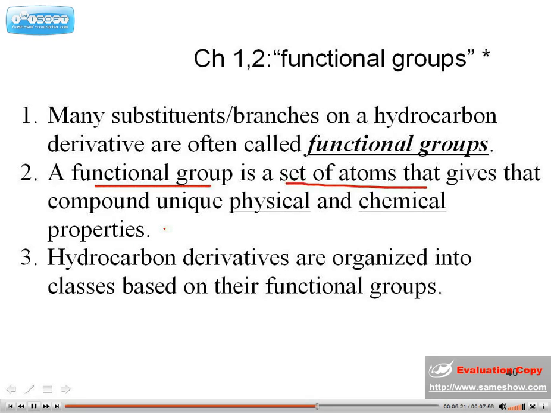The only exception is alkenes and aromatics, where technically there are missing hydrogens forming pi bonds, and it's the pi bonds that are considered the functional group. But for the most part, look for the derivative atoms, and that is where the functional group is present.